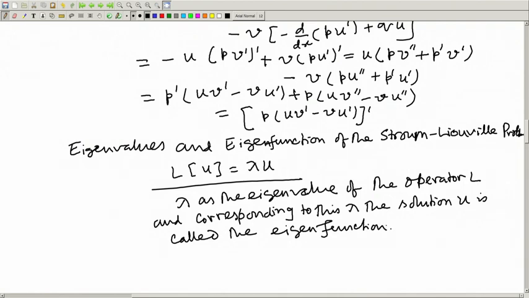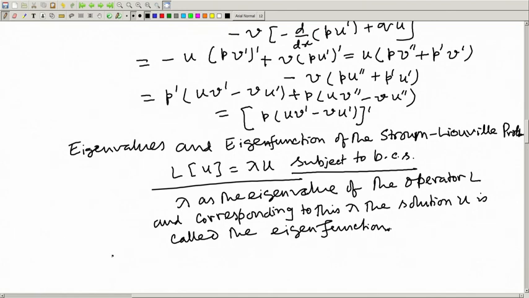Of course, it is subject to the boundary conditions. So lambda is the eigenvalue; given lambda, we can solve for the solution u. Solution u means it is not only satisfying this equation, it is also satisfying the given boundary conditions.